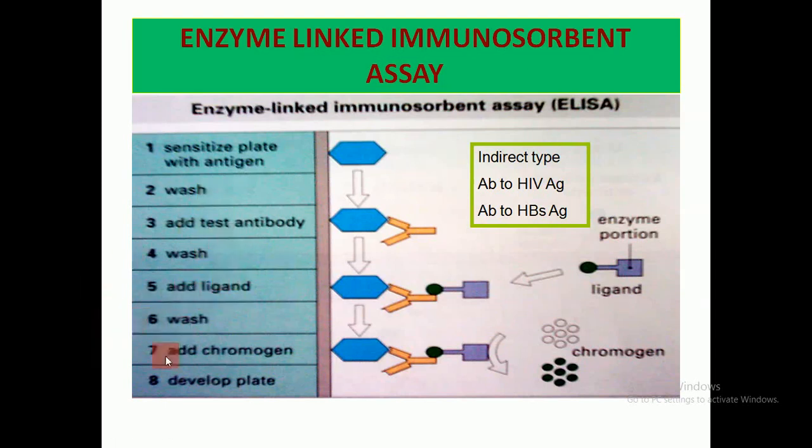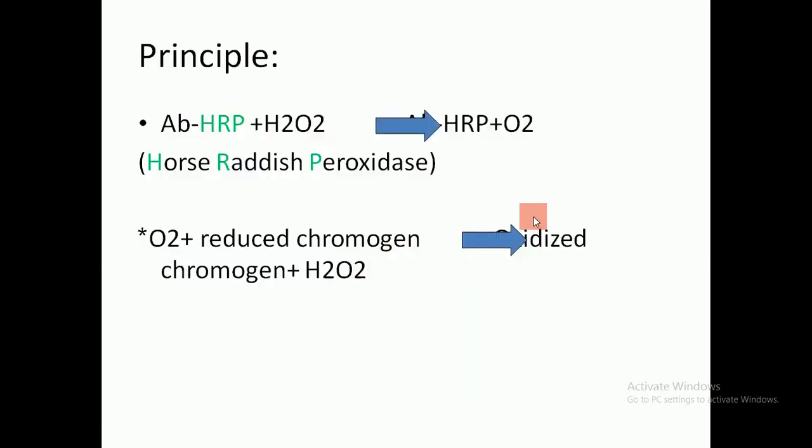Then we add the ligand, which is the antibody labeled with the enzyme, then wash, and add the chromogen and substrate. Then we get a yellow color, and this is used to detect antibodies against HIV and antibodies against the hepatitis B surface antigen.